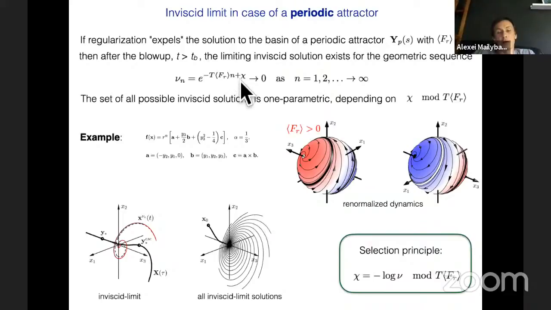And actually, this family does not depend on the regularization. It only depends on the parameter chi. So whatever regularization you put, you always choose this family of solutions. You will go along one of them, this you know. Which one of them depends actually on a small parameter.